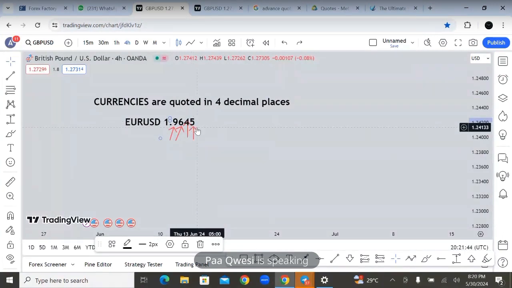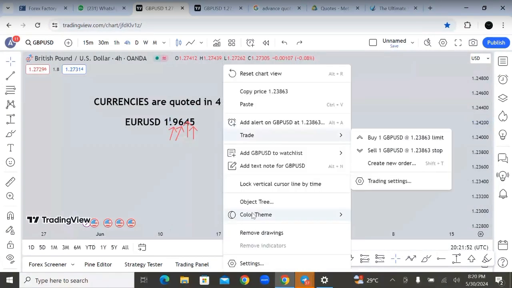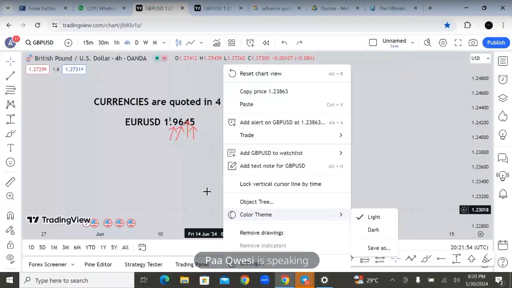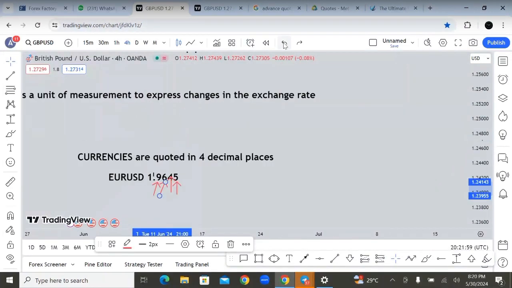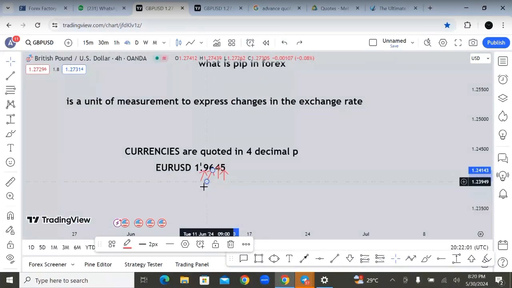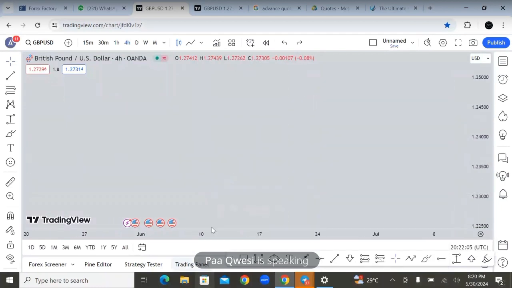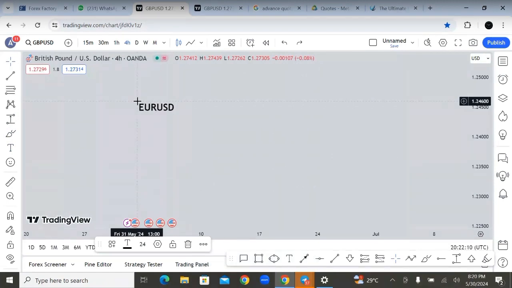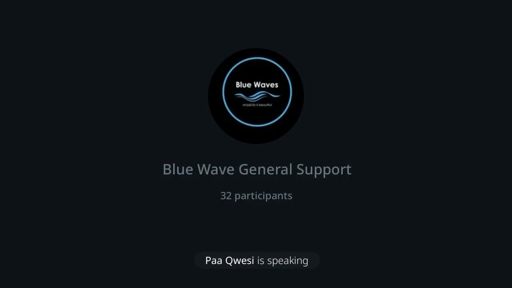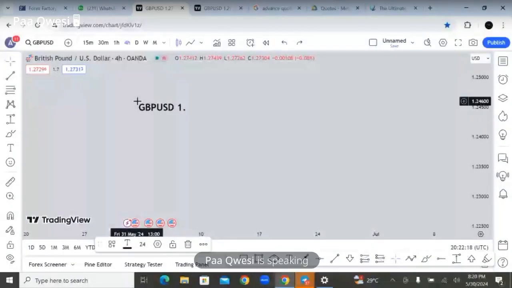So let me give an example. Let's say this is the current price that I'm talking of. Let's say GBP USD is 1.2400, and let's say GBP USD moved 2 pips. Let me use 3.